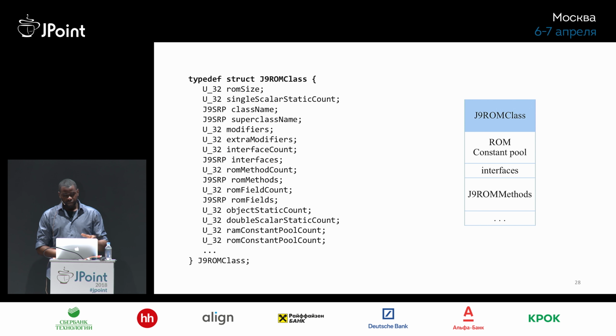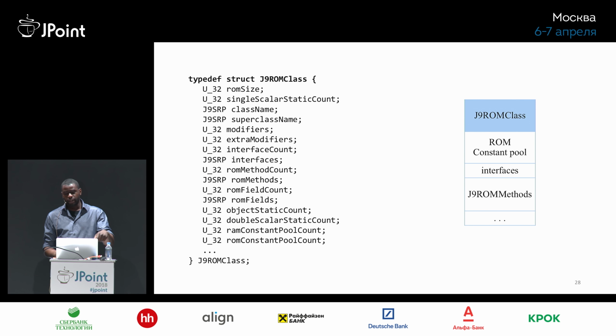And beneath that are the interfaces, and then beneath that are the J9 ROM methods. The J9 ROM methods are variable sized. They start with a header, which describes the name and signature, the number of arguments, and then beneath that are the bytecodes. Because methods can be of different length, the ROM methods themselves are variable sized and do need to be walked.